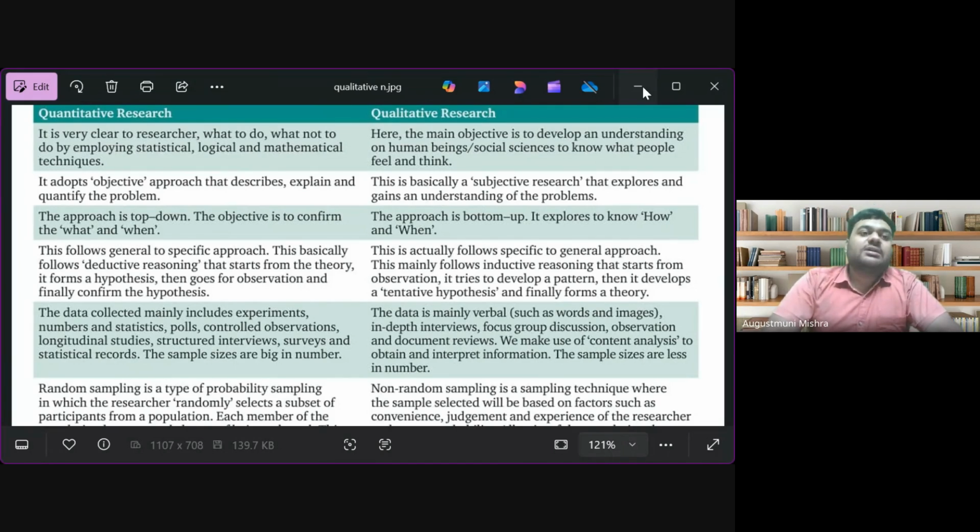Now, there is another difference. This follows the general to specific approach, basically deductive reasoning, which starts from the theory, forms a hypothesis, then goes for observation and finally confirms the hypothesis. That was the basic example I was giving you from yesterday onwards, the Newton's law.